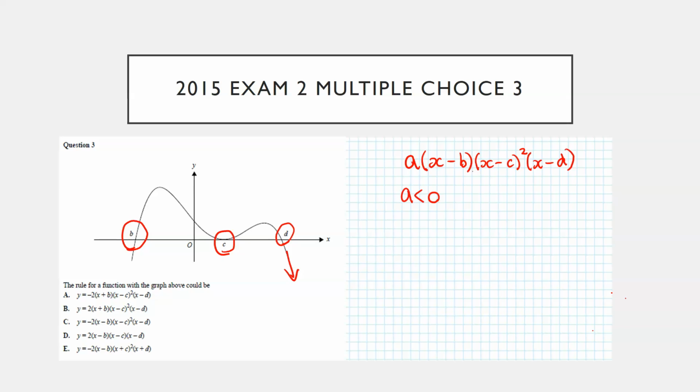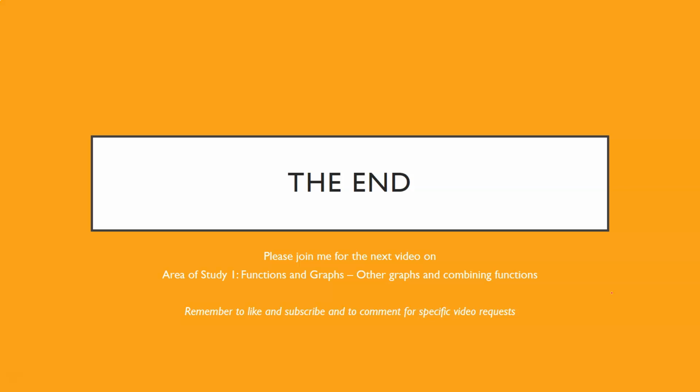So looking at our options, we need x minus b, x minus c squared, and x minus d. So that means our answer is going to be C. Now, only 20% of students got that correct, which basically is the same as people guessing. Now, as I said, this is a really standard type of question, and there have been many similar questions in the past. So do make sure you understand it.